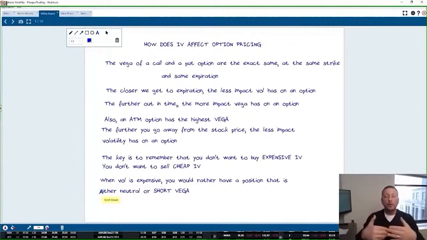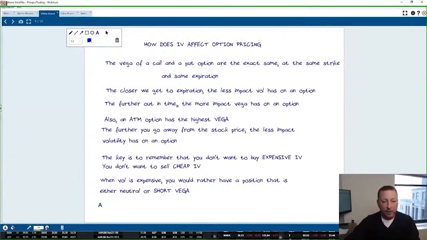Short meaning you have sold volatility. Because the rationale behind that is if volatility is really expensive, we're looking at our charts, more likely than not that volatility is going to decrease, so the options that you have sold become worth less.